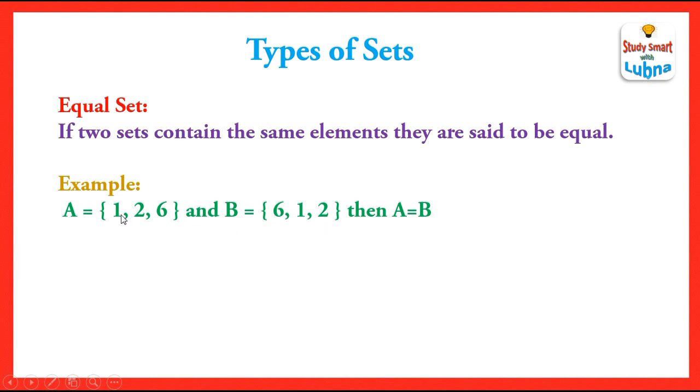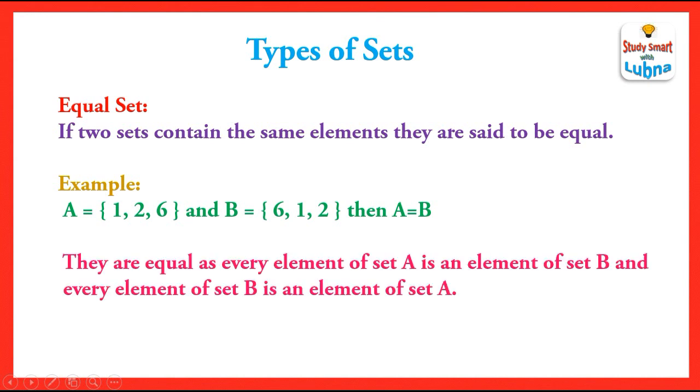Here we can see that 1, 2 and 6, all the elements of sets A and B are the same. That's why we can say set A is equal to set B. They are equal as every element of set A is an element of set B and every element of set B is an element of set A.